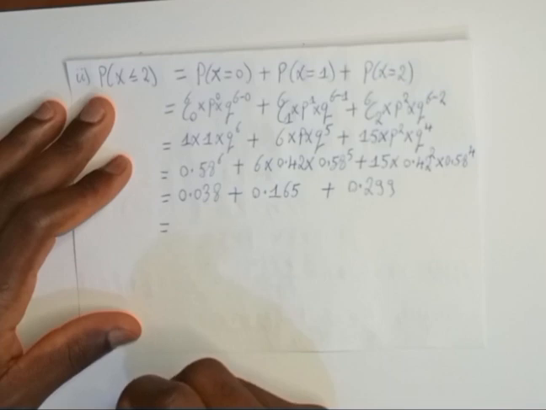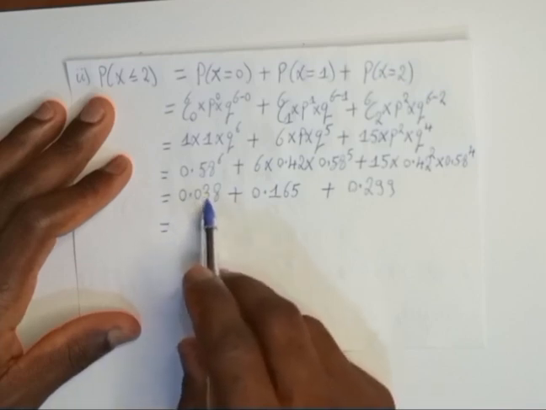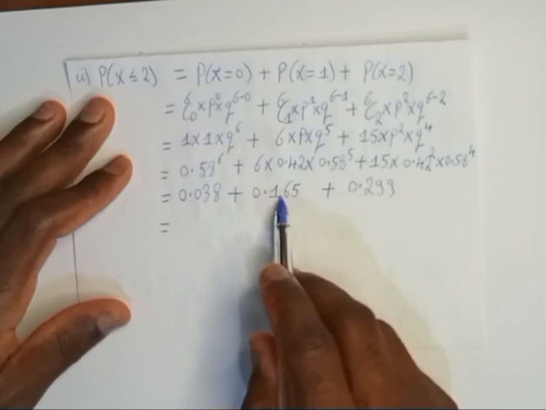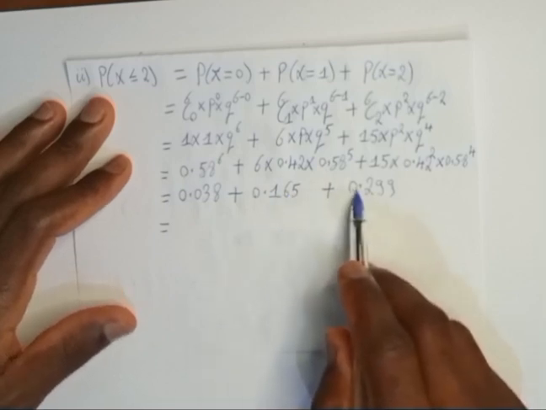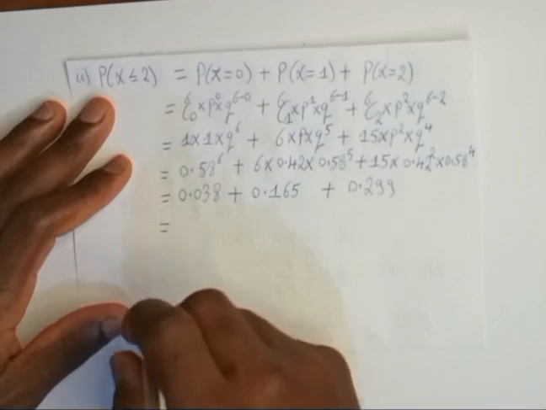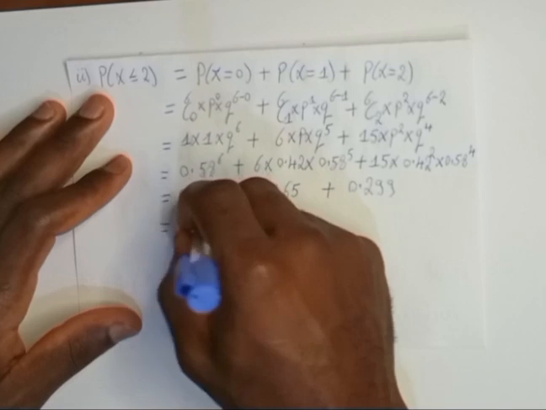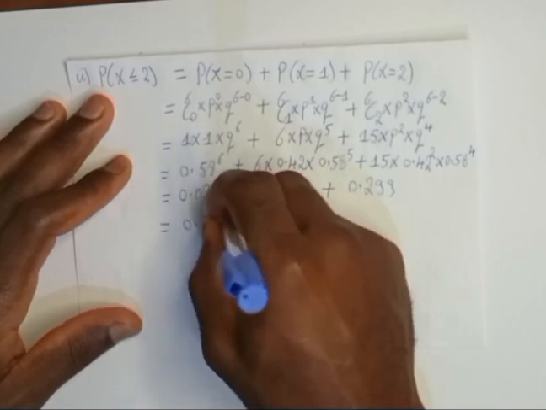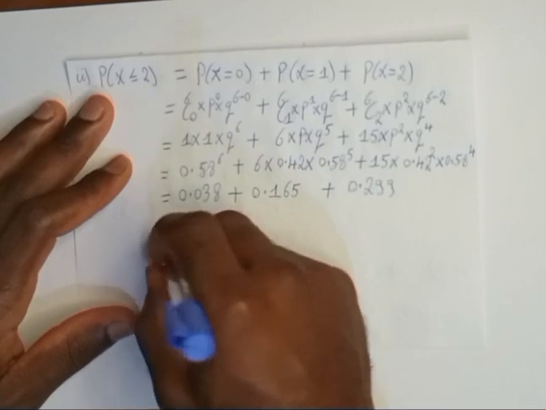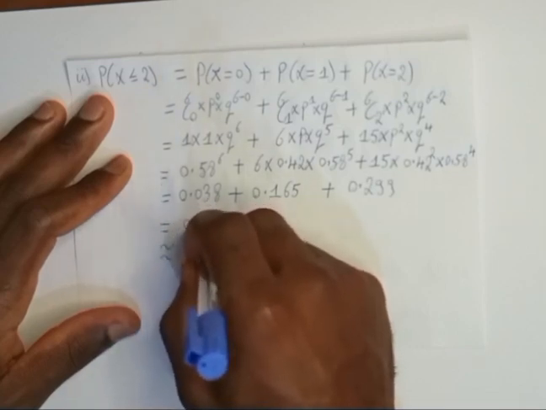This will simply be equal to 0.038 plus 0.165 plus 0.299 to 3 decimal places, it gives us 0.502, which is approximately 0.50 to 2 decimal places.